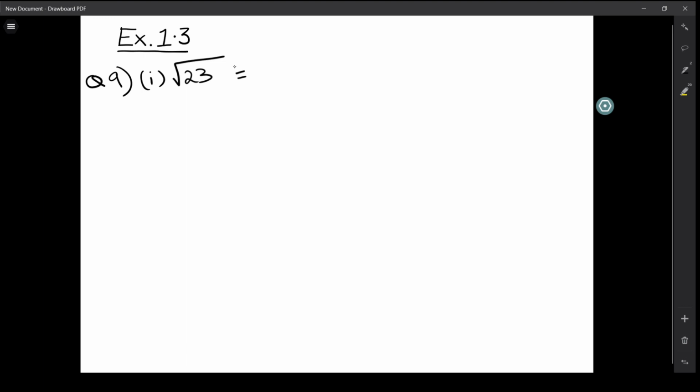If you are interested to know what that is, it's somewhere around 4.7958, and so on. The digits do not repeat themselves. It's hard to find a pattern unless you take the digits up to numerous places. But however, know that under root 23 is an irrational number.